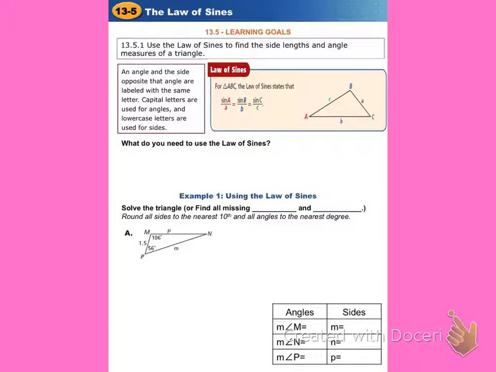So if, for instance, in this drawing here, you looked at the sine of this angle A and compared it to the side across from it, and you took the sine of angle C and compared it in a ratio to the side across from it, and then you did the same thing for angle B and the side across from it, it turns out that in a specific triangle, those ratios will always be equal.